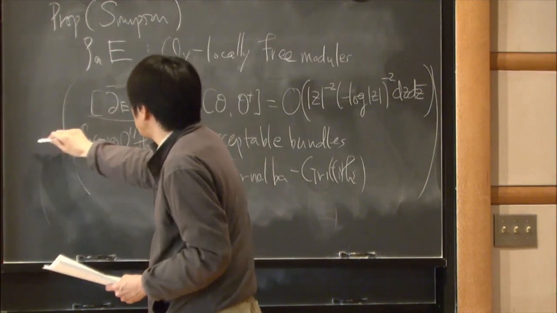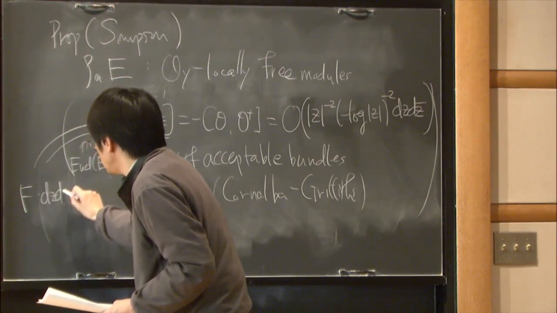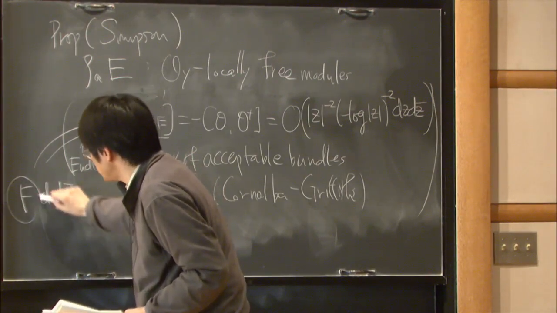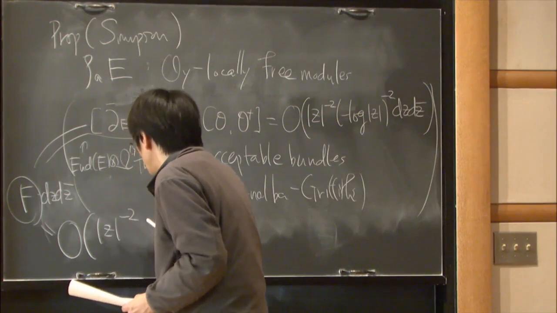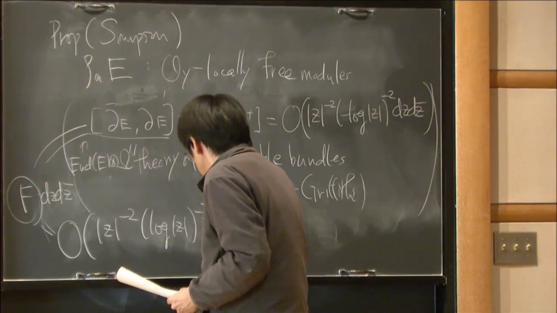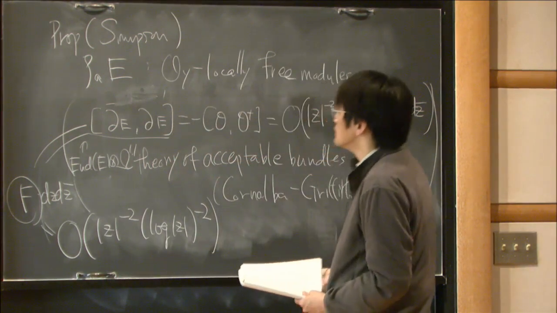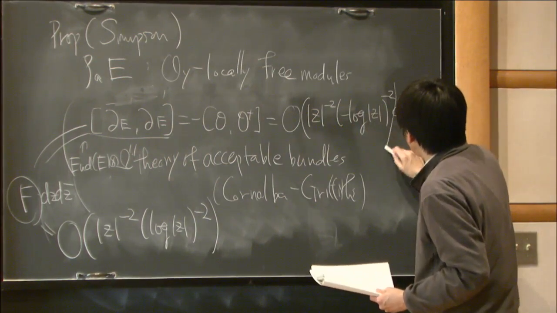So this is expressed as f times dz bar, and f is dominated by |z|^2 log|z|^2. Maybe it's better to write this one here.